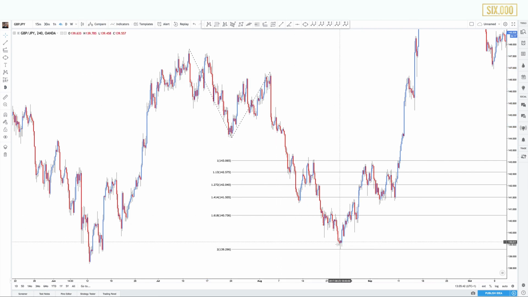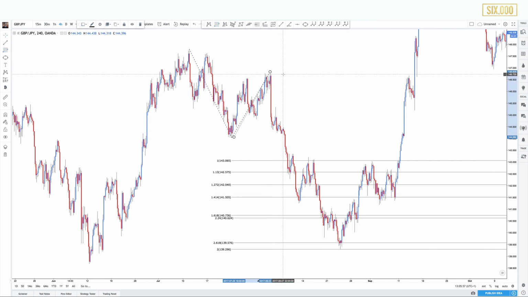We can see that price actually confirmed the extension measurement of 2.0, the 1.618. It confirmed that ratio, and it looks like it was in roughly the same area as that ratio of 2.24. This is the projection measurement. So we can see these two ratios could form within a close proximity.